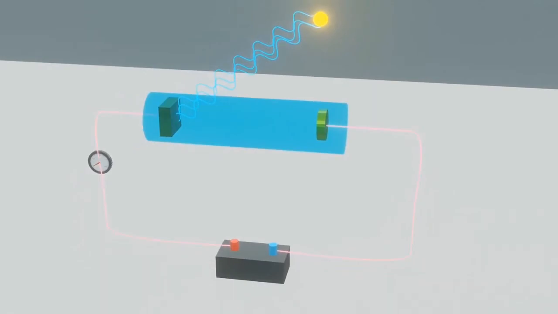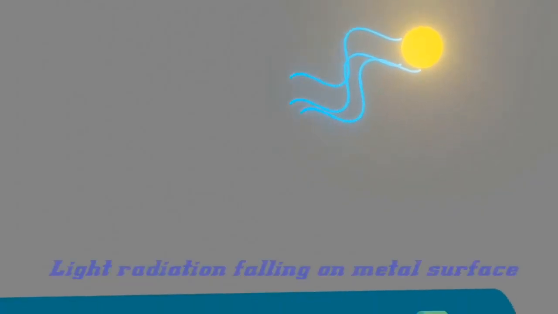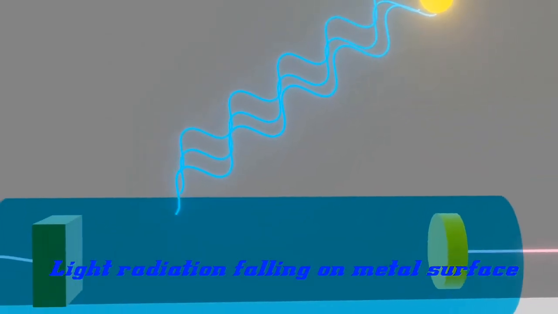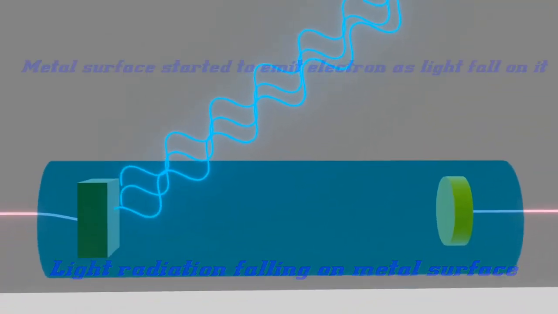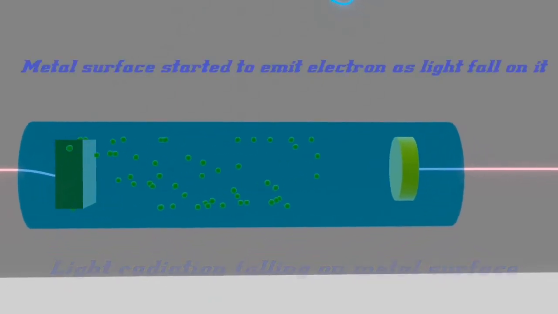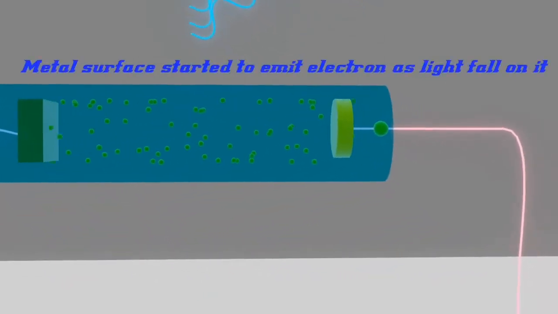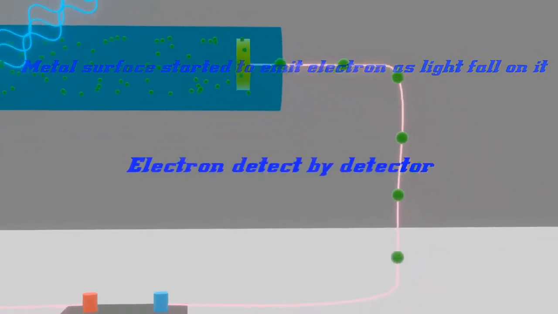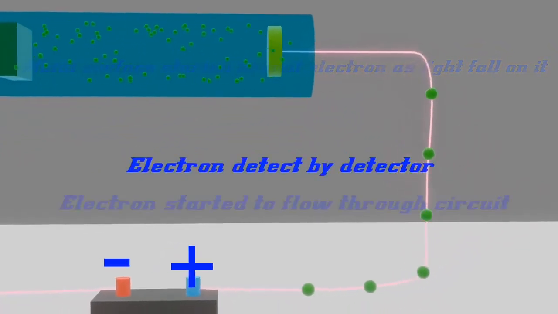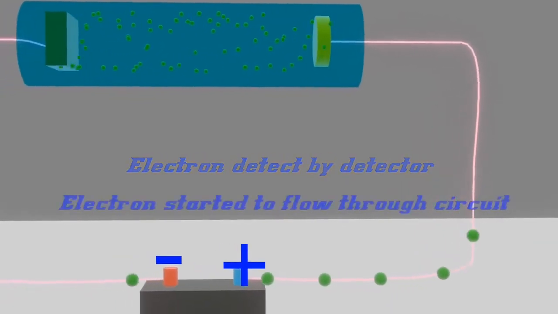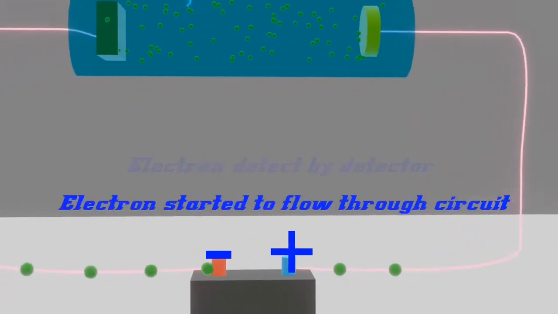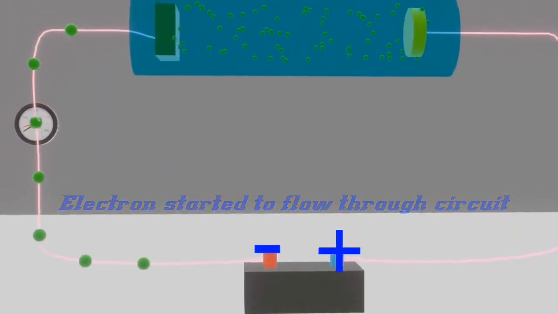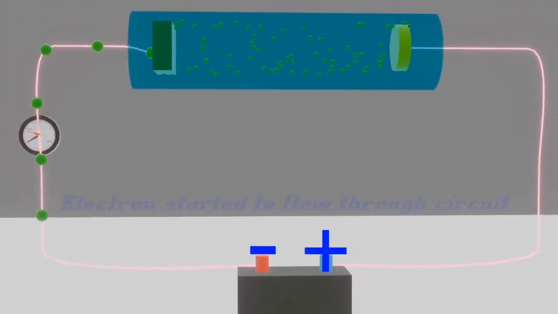Now let us consider that the light radiation produced by the light source falls on the metal surface. This metal surface ejects electrons, which are detected by the detector. Now this detector produces electrons which flow through the battery. If there is a flow of electrons through the circuit, that means there is a current flowing through the circuit.